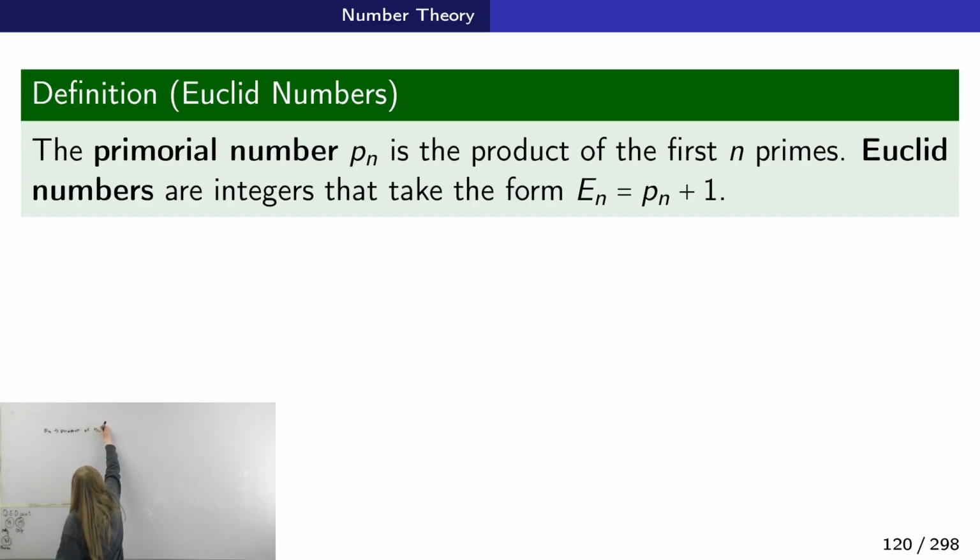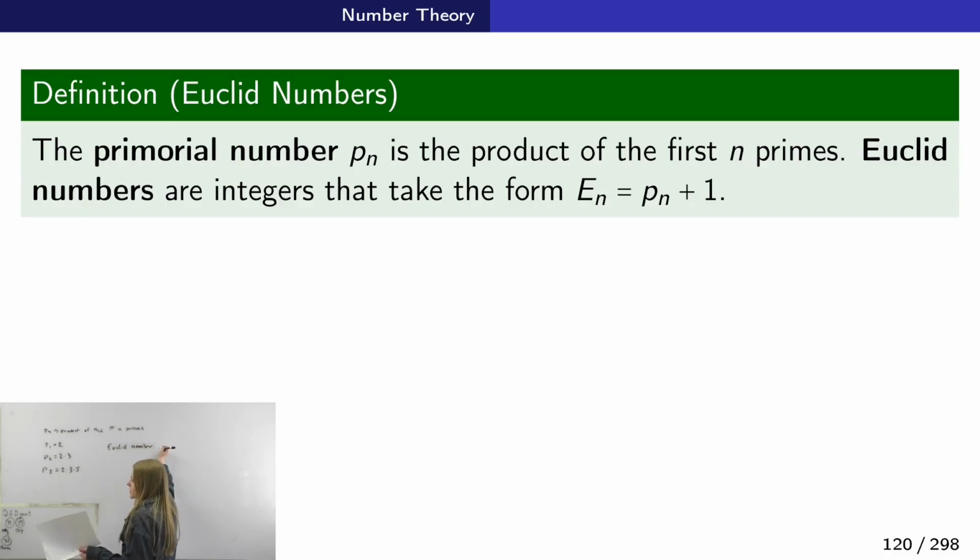Like P1 is just 2, P2 is 2 times 3, P3 is 2 times 3 times 5. So we're going to take that and talk about what a Euclid number is.